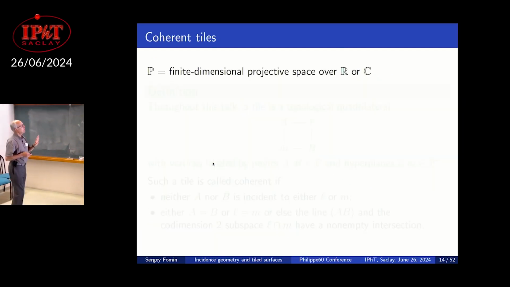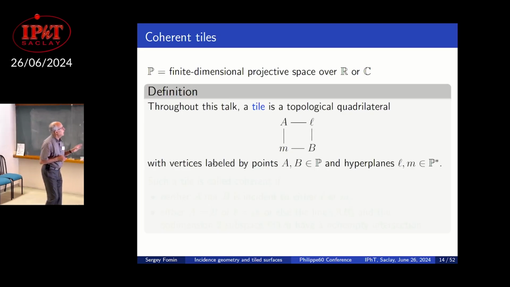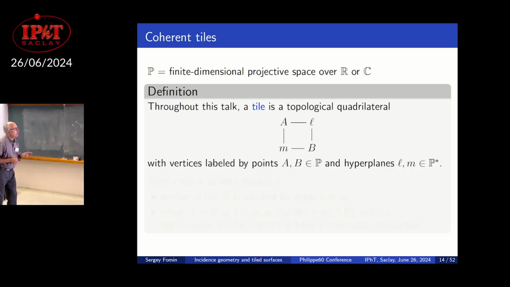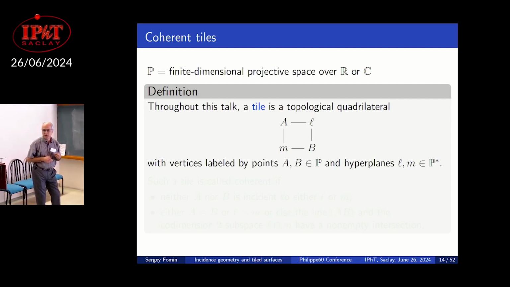So now the recipe. Let me be a little bit formal. P is going to be a finite-dimensional projective space, let's say over the complex numbers. Then a tile is one of these tiles that our surface is going to be partitioned into. To each black vertex, we are going to associate a point in our geometric space, and to each white vertex, we are going to associate a hyperplane.